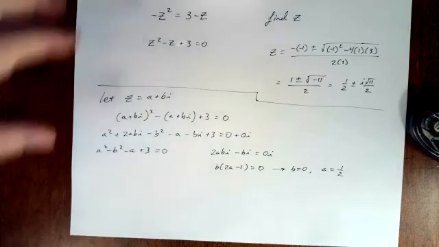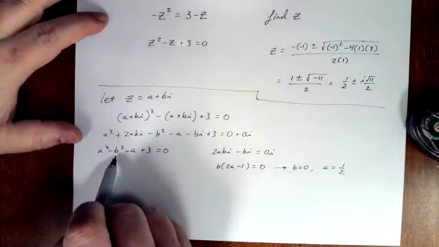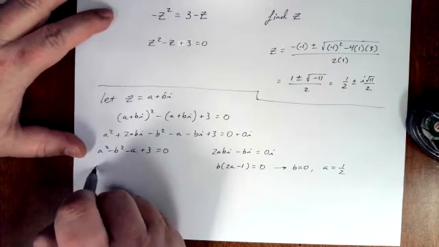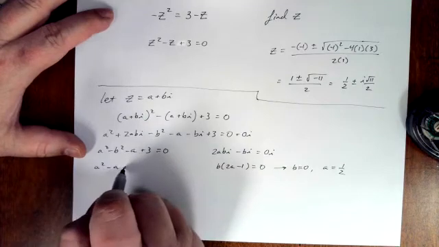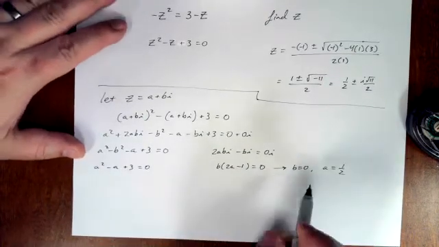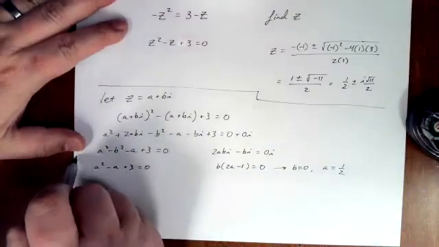Now, if b is 0, then I have a squared minus a plus 3 is equal to 0. This is if b is 0.